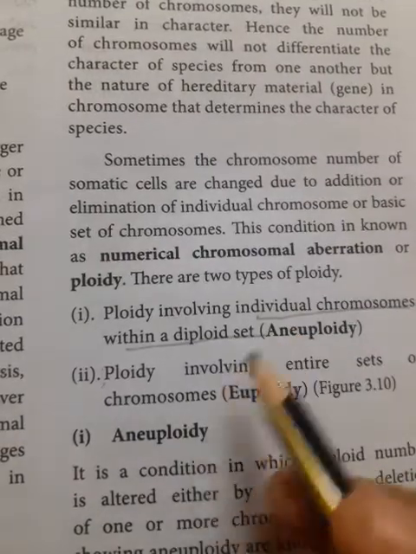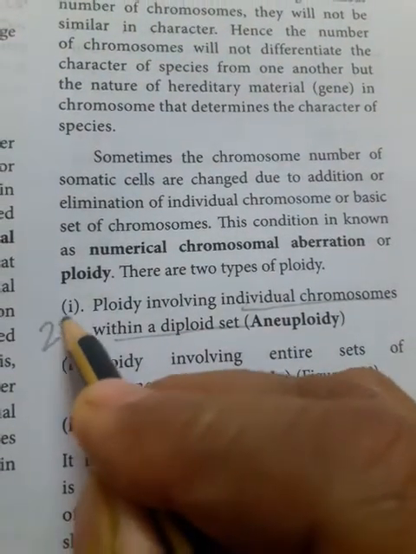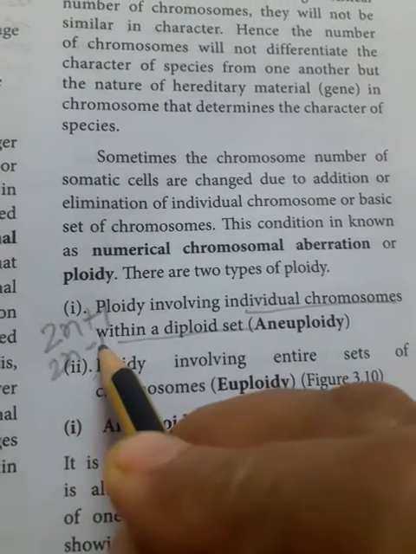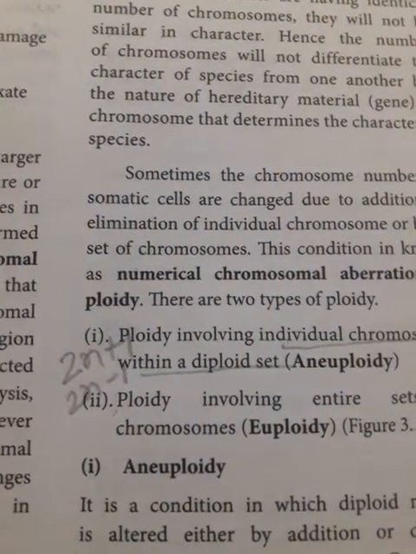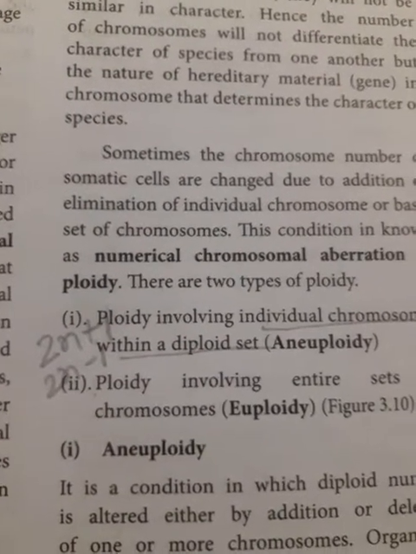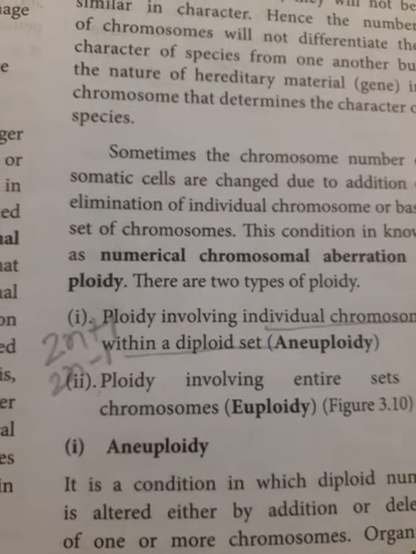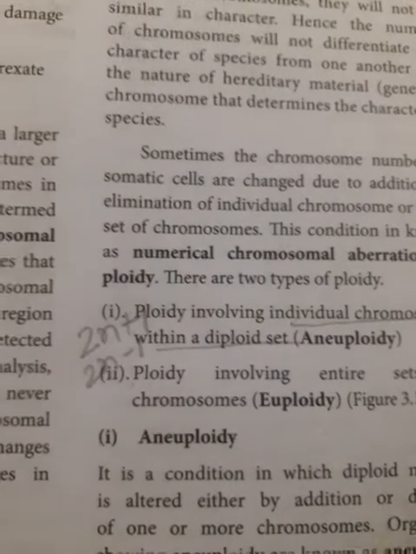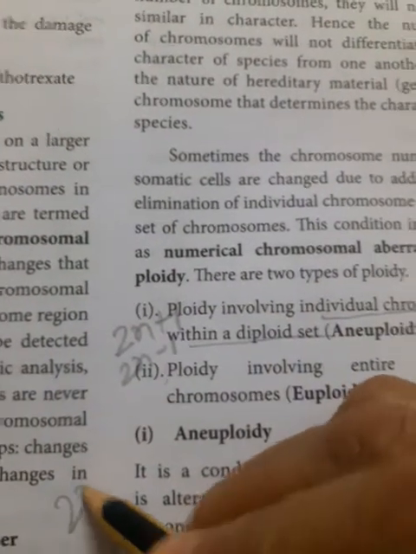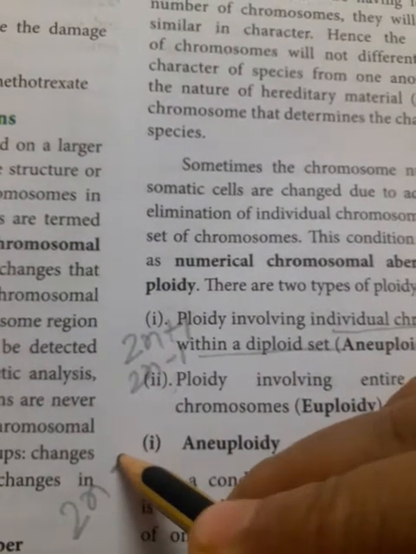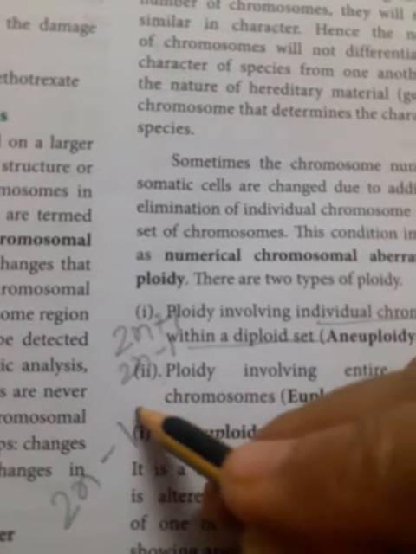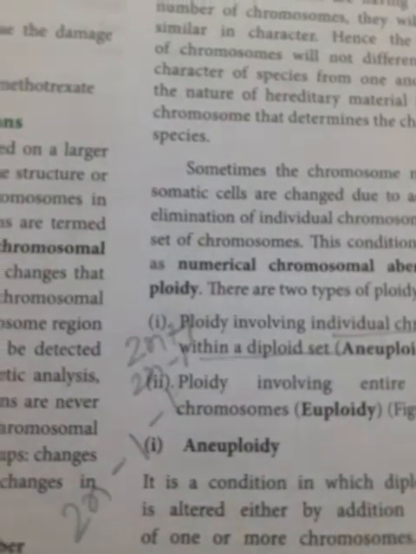That means within the diploid set, 2n number of chromosomes, sometimes it may increase, 2n +1, or decrease, 2n -1, by only one chromosome. Suppose in a human being with 46 chromosomes, 2n is equal to 46, and chromosome number 12 is deleted, so it is -1. If chromosome number 13 is also deleted, we still have to write 2n -1 -1.